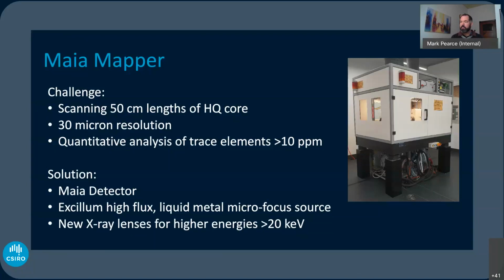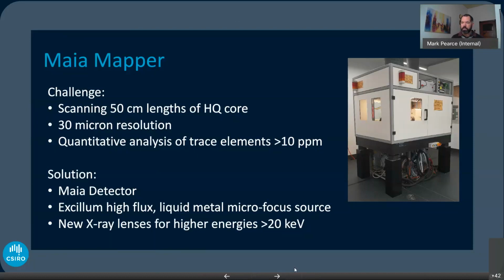We brought it into the lab in this lab scale instrument, pictured on the right. The X-rays are provided by an Excillum liquid metal microfocus source, a relatively new development with a much higher X-ray flux than conventional X-ray tubes, allowing us to map these large samples in reasonable timeframes. And we made use of new X-ray lenses developed for relatively high energy X-ray applications in the lab.